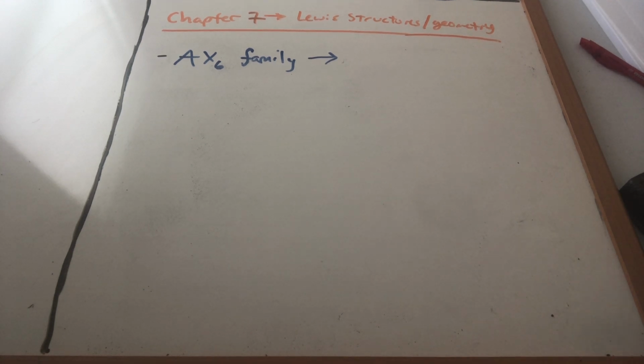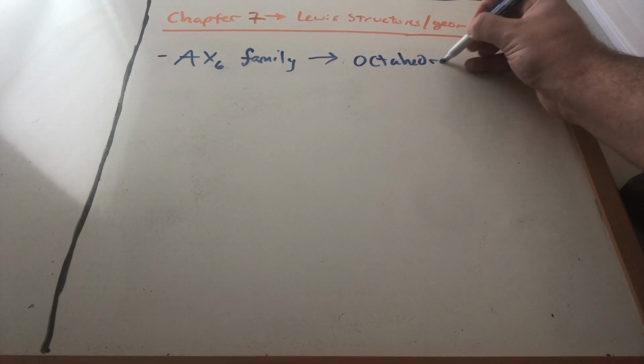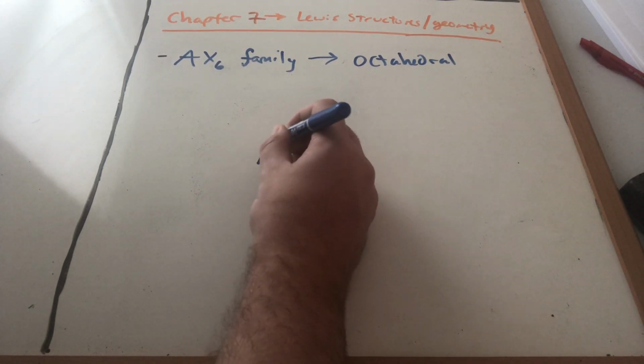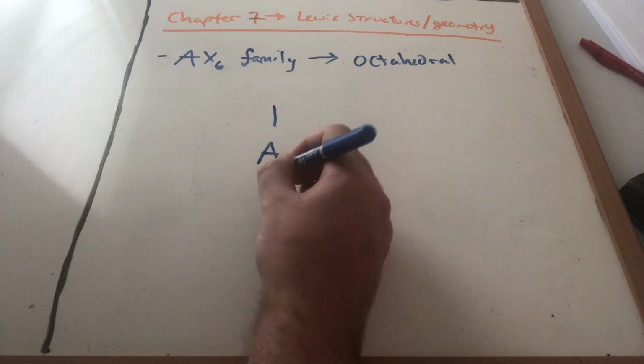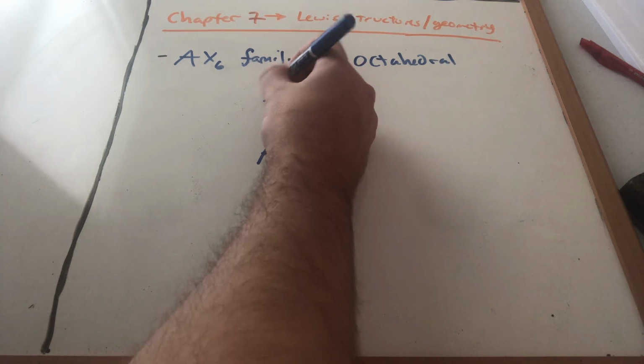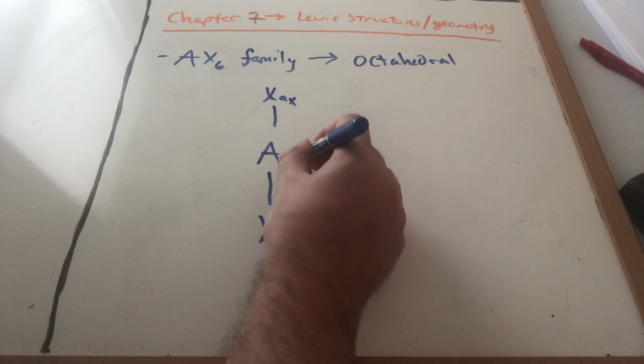So if we have an AX6 family, we call that an octahedral, and we draw that like this. Put the central atom in the middle, one up and one down as axials again. And what we make in the middle now is a square.